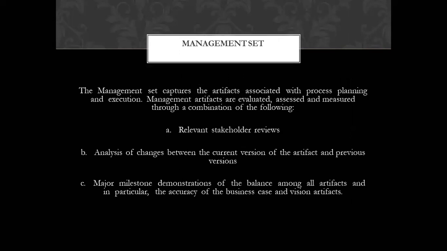Management set. The management set captures the artifacts associated with planning and execution, firstly. So basically, the management set comprises all these things. These artifacts of the management set utilize immature notations like text and graphics representation to capture the relation between project people and the stakeholders.